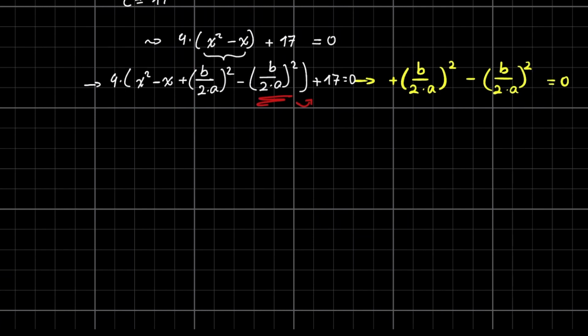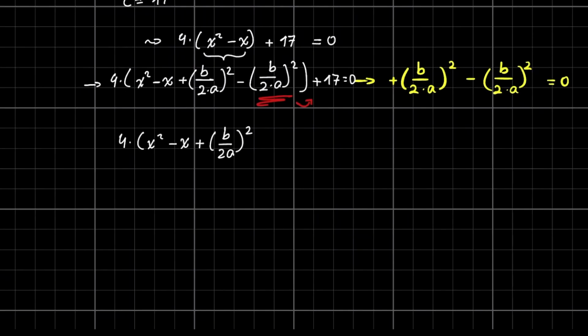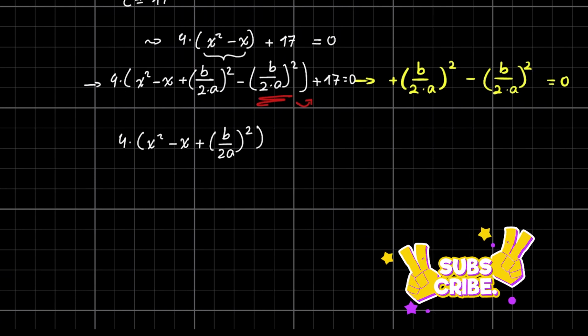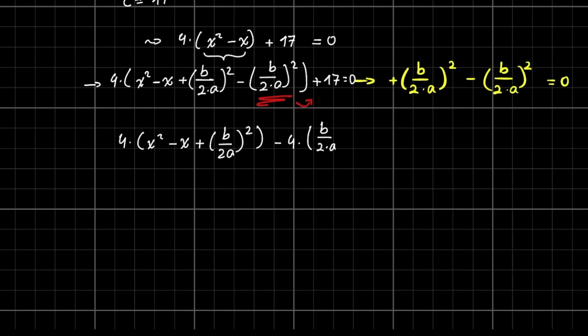So what I'm going to have is 4 distributed across x squared minus x plus b over 2a all squared. Now I close my parentheses and multiply whatever I have by 4. So here is going to be negative 4 times my b over 2a squared, plus 17. That's going to be equal to 0.